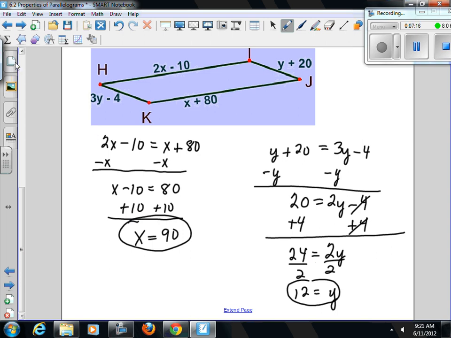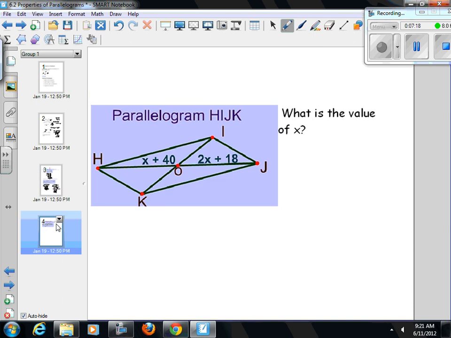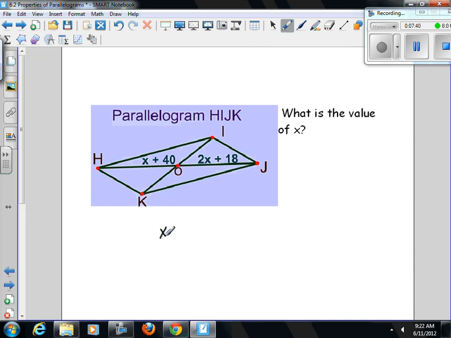We have one more that we need to do on the next page. You're given parallelogram HIJK, and you're asked what is the value of x? Well, remember the x plus 40 and the 2x plus 8 together, those lengths make up the length of this diagonal. The diagonals bisect each other. So we know that x plus 40 and 2x plus 18 must be equal to one another.